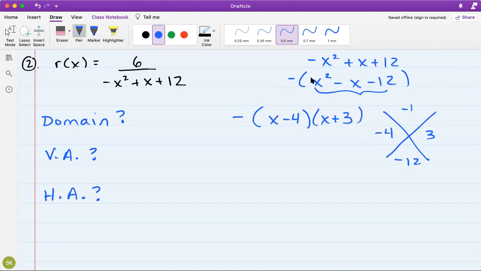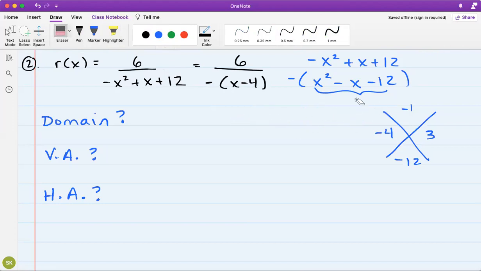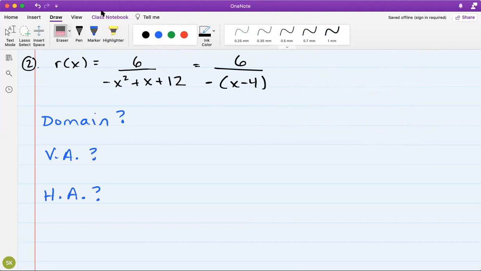Remember, as long as the coefficient in front of x squared is 1, you can just break it into x plus this number and x plus that number. So what I'm going to do is write this: this is the same thing as 6 over negative (x minus 4) times (x plus 3). Always get it in this nice factored form.